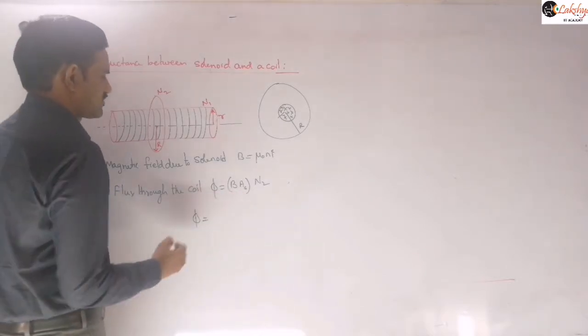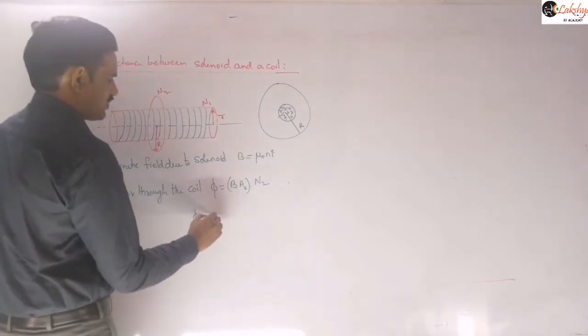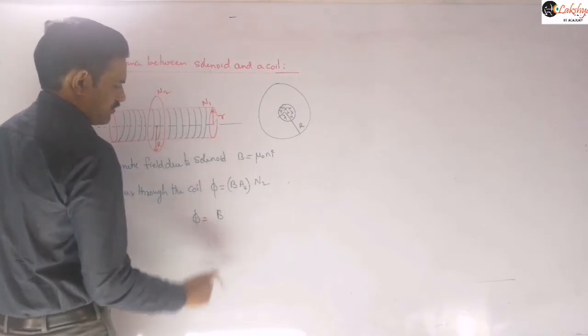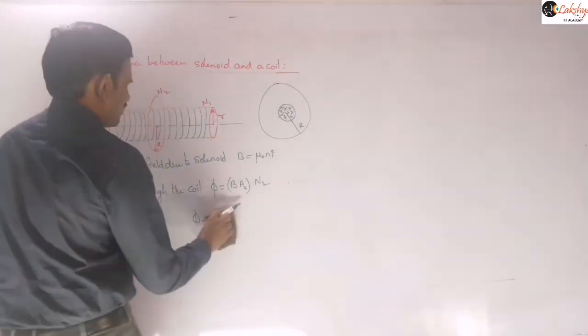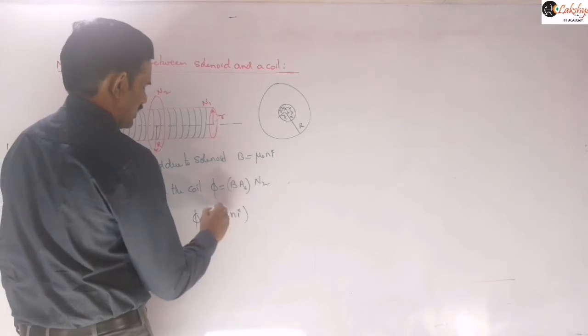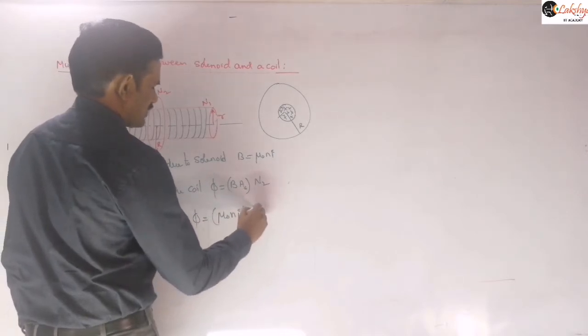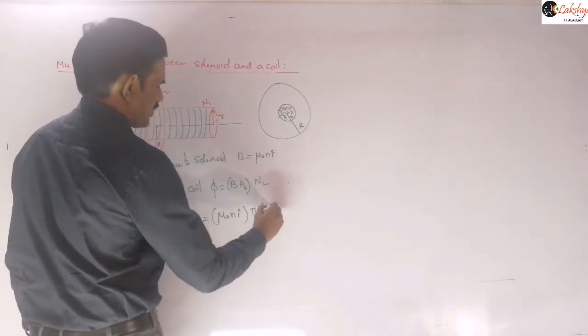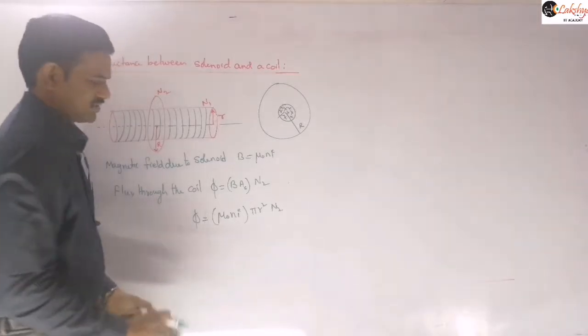And so therefore this flux is equal to what we can write is mu naught Ni. That B value now we can substitute there. Mu naught Ni into area of this coil, that is pi r square, area of the solenoid pi r square into N2 now we can write.